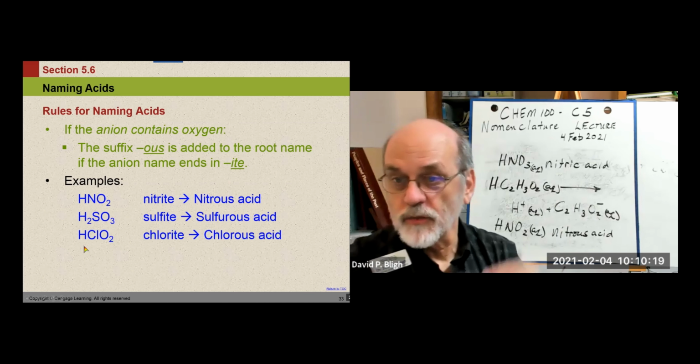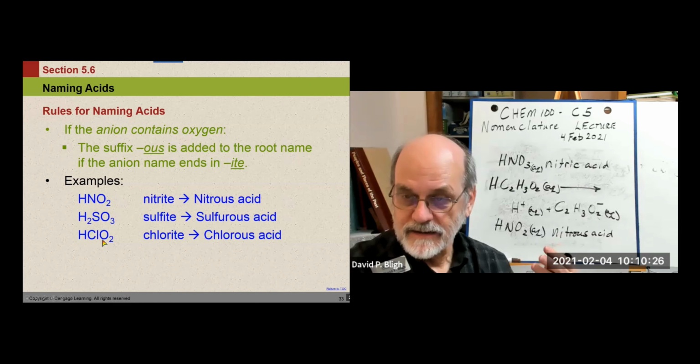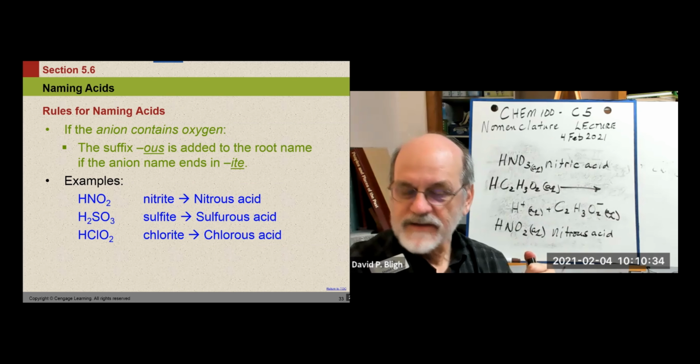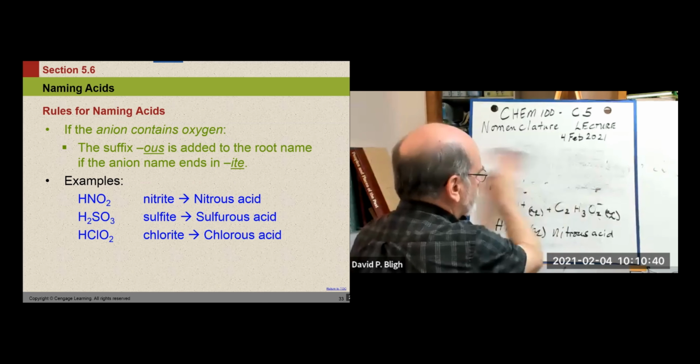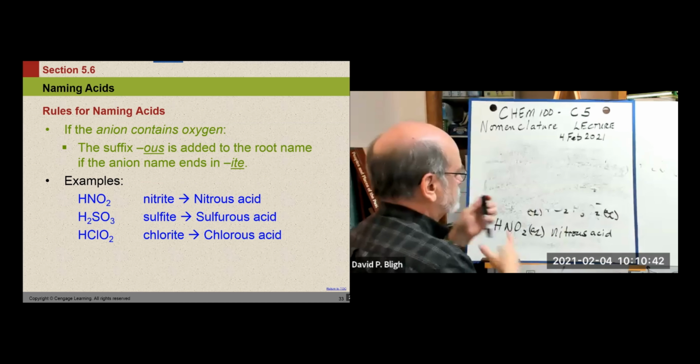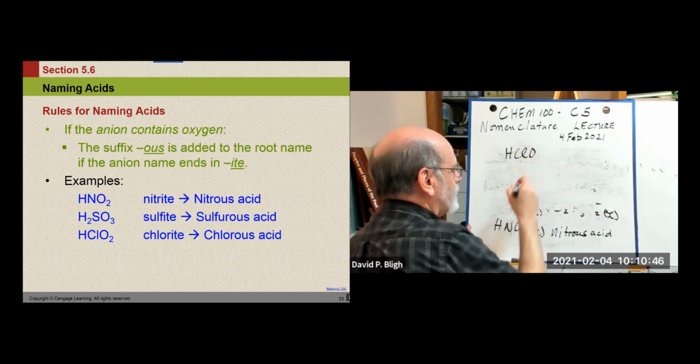Go back to that group that we were talking about earlier. We started off with ClO3 as the chlorate. This is chlorite, so that would be chlorous acid. If we had ClO, HClO, right?